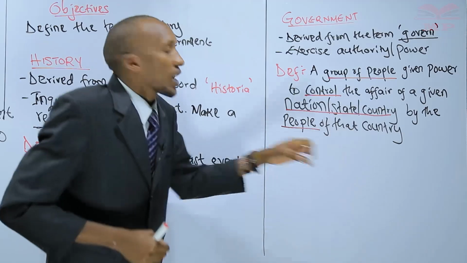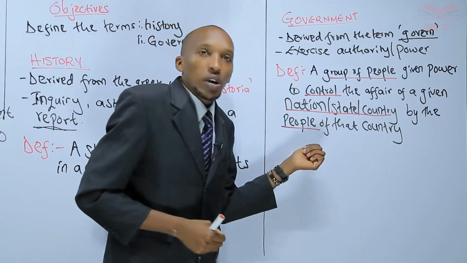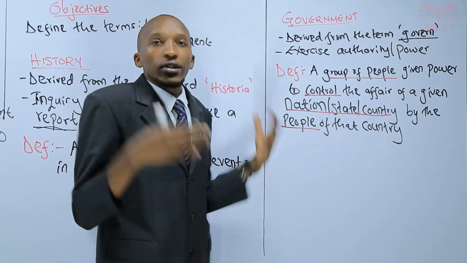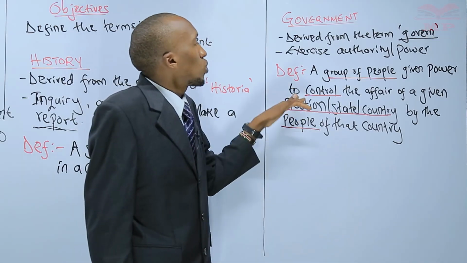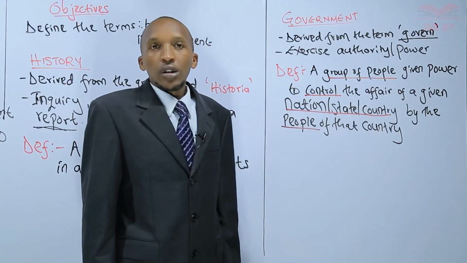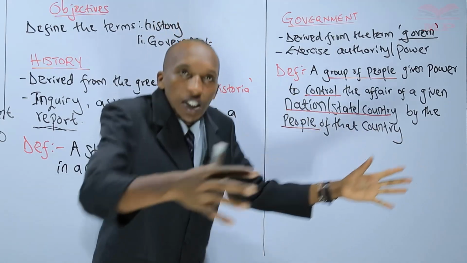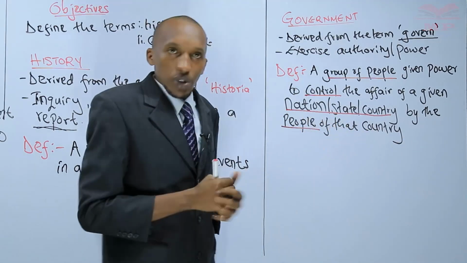So a government cannot operate without the people allowing it to operate. And what is the purpose of a government? It is to control the affairs or to lead the affairs of that nation. A government operates within a specific boundary.